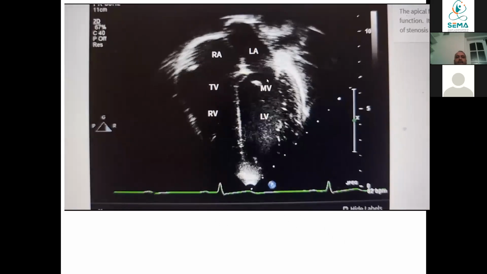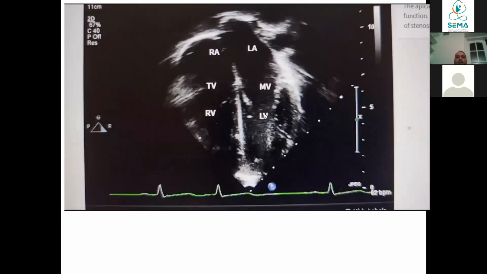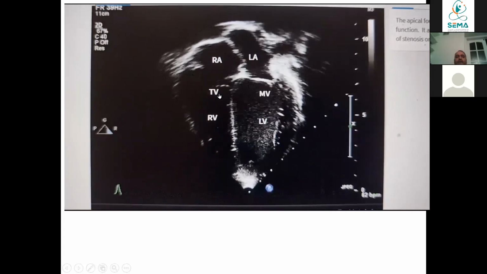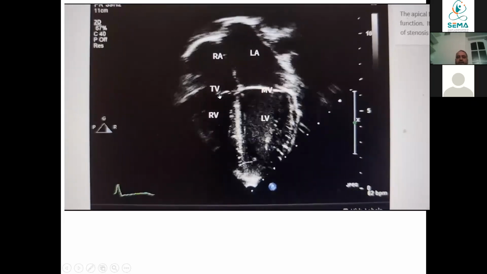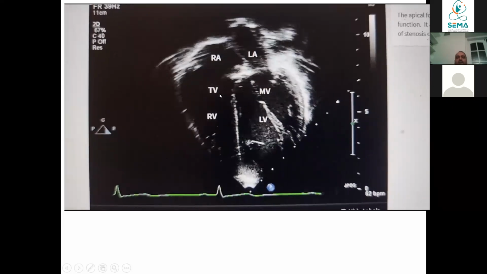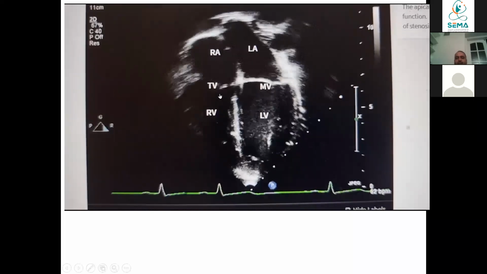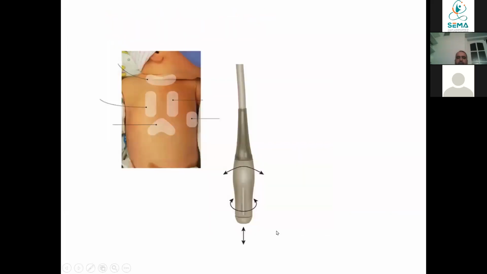You have the mitral valve and papillary muscles, the left ventricle, and the right ventricle. This is the 4-chamber view. To generate it, as we said, put the transducer or probe at the apex, and the marker should be to the left. I will go through all the details like that.